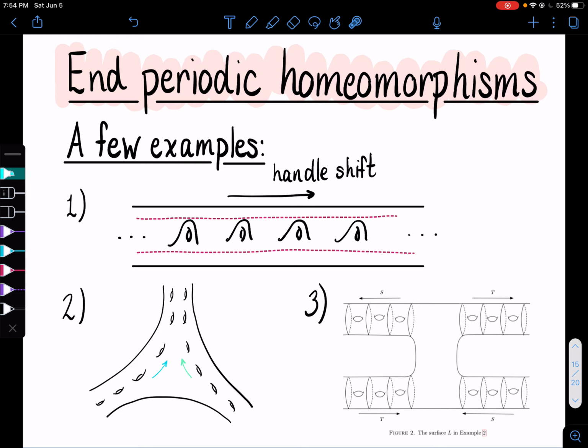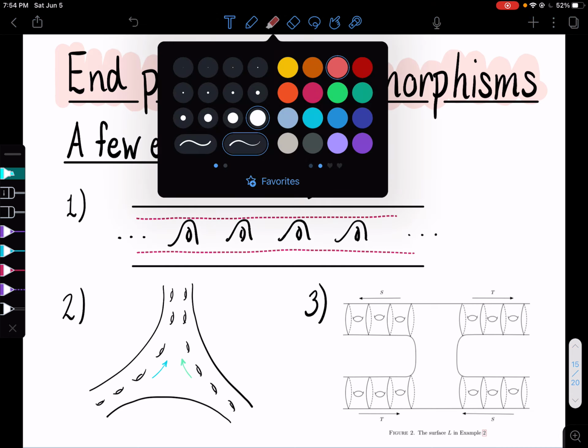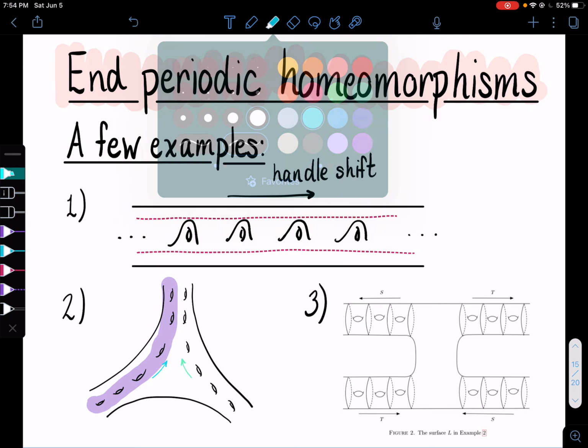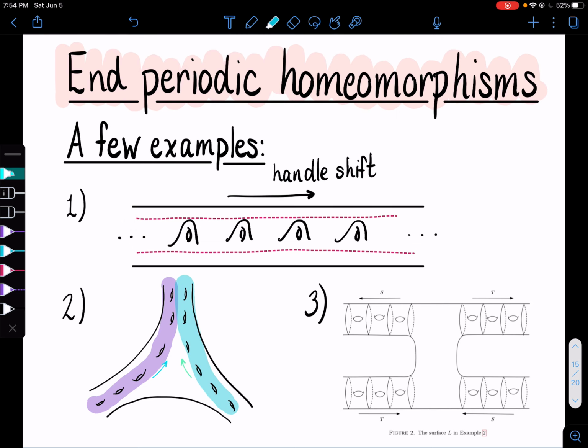Okay. Another similar example, putting these handle strips together. I could lay them both down in my tripod surface, or my Eiffel Tower surface, and think of shifting them again, out of this end and into this, out of this end and into this. This is another example of an n-periodic homeomorphism.